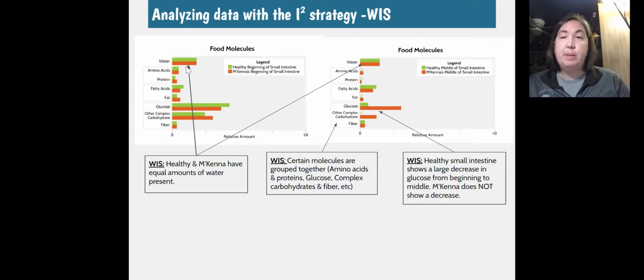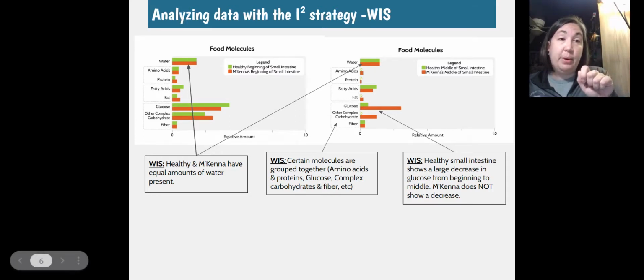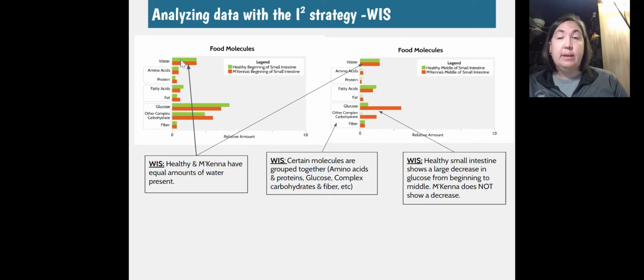So we have healthy person and McKenna. If I look at healthy person and McKenna for the beginning and for the middle of the small intestine, I can make the note, what I see, write it right on your paper, healthy, meaning the healthy person, and McKenna have equal amounts of water present. So there's water present in the beginning and in the middle, and they both have the same amounts.